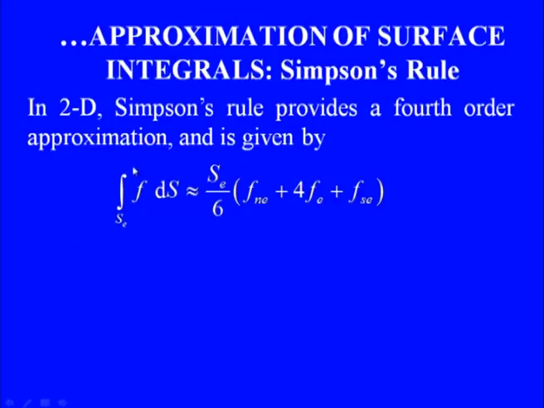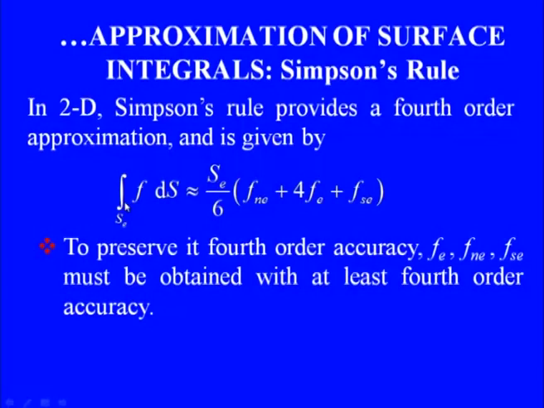In terms of these values, the integral over S_e of f dS is S_e by 6 times the value of f at the northeastern corner plus 4 times the value of f at the center point of the face plus the value of f at the southeastern corner. Now f_ne, f_e and f_se would have to be calculated using the nodal values at the computational nodes.